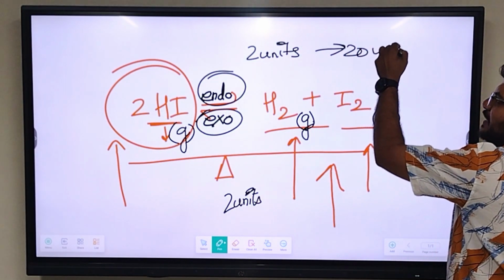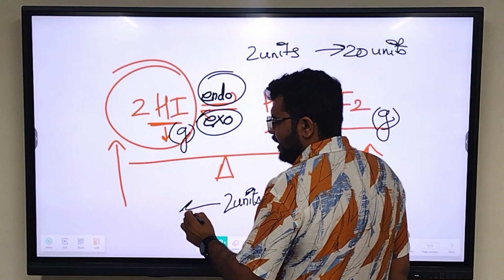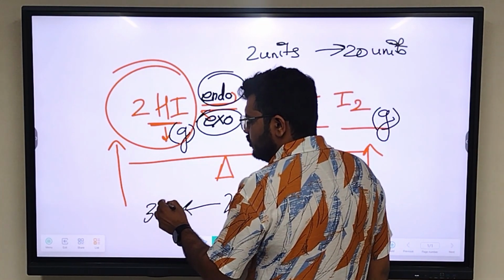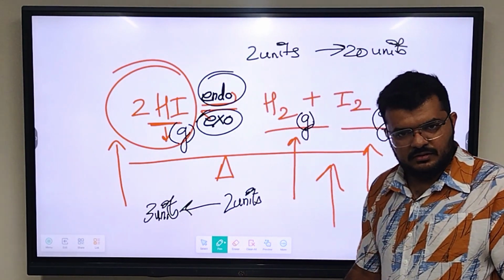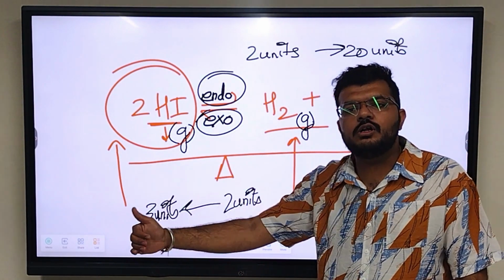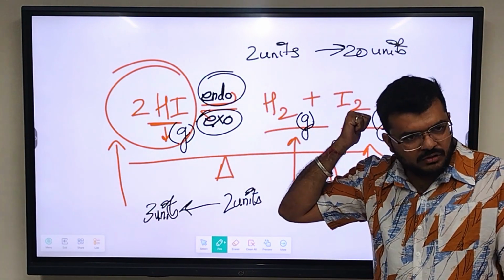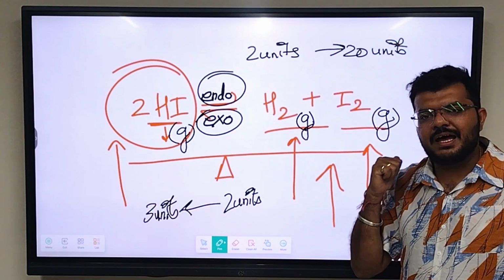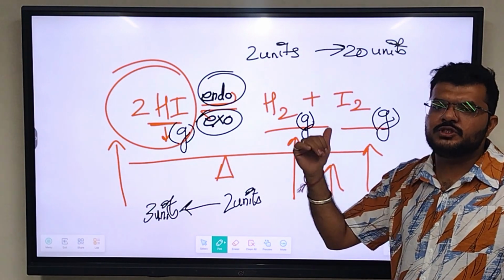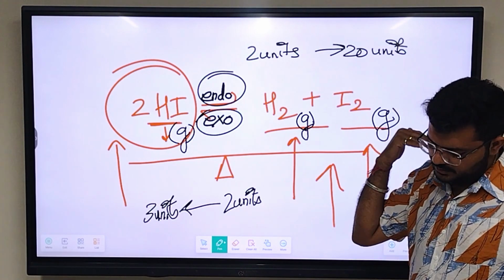For our example, let's say it goes to 20 units, but the other increases only by 1 unit. It does increase, but only by a very small quantity compared to the increase in the rate of the endothermic reaction. So what side does the equilibrium shift to? Right side.